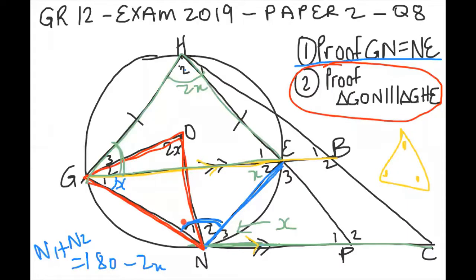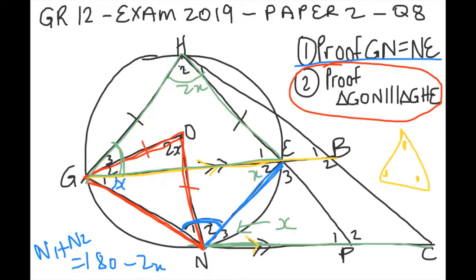So let's see what else we can do. Next up, let's look at this. We have a 2x, and here's also 2x. But as you can see, here's an isosceles triangle, the green triangle, and the red triangle is also isosceles. Why do I say so? Because OG is a radius, and ON is also a radius.